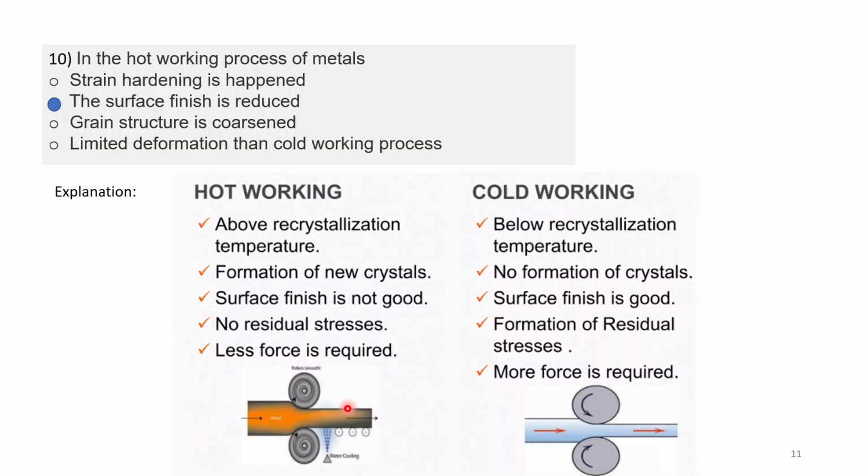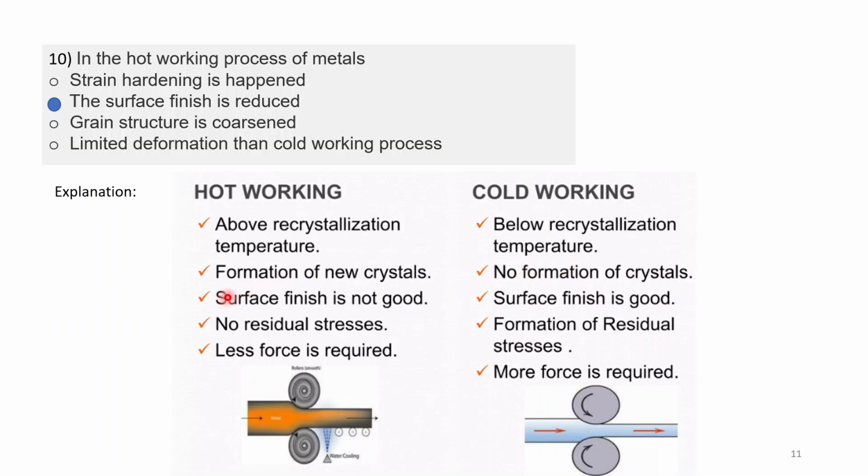In case of hot working, you perform metal working above recrystallization temperature. In case of cold, you perform it below. In hot working, you have formation of new crystals, and in cold working, you have no formation of crystals. So for this, you sometimes require annealing as well.